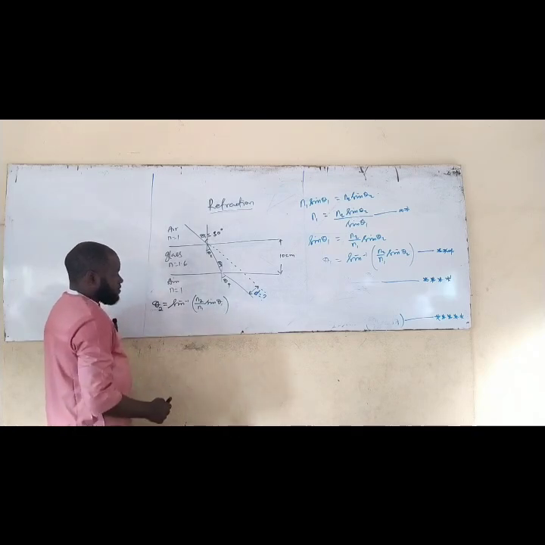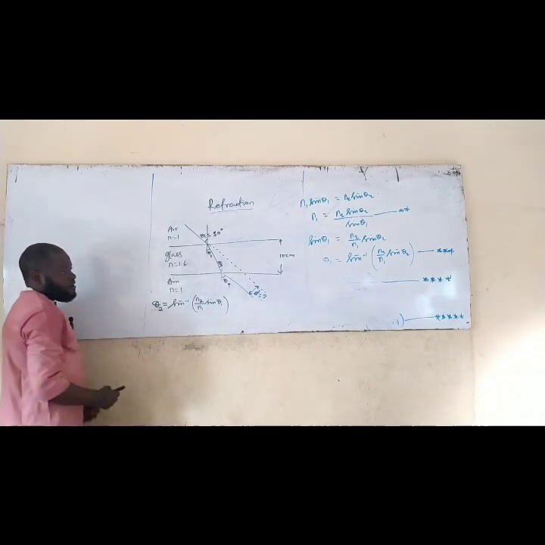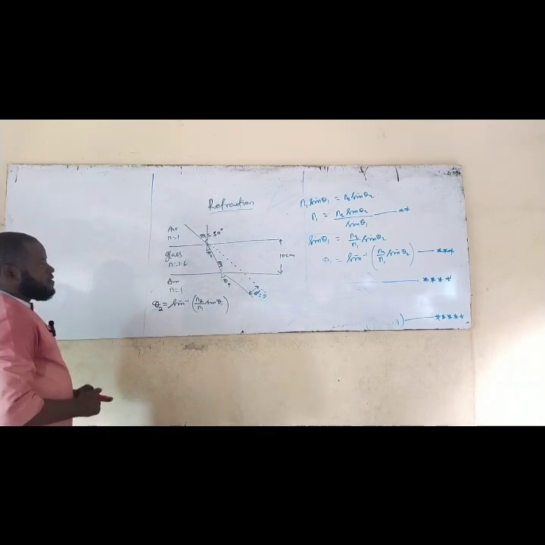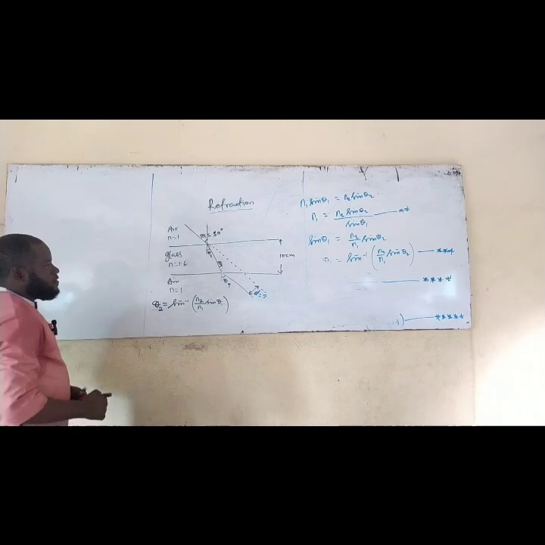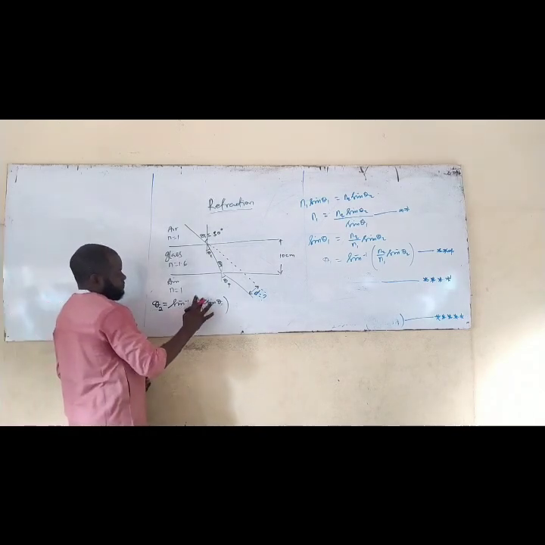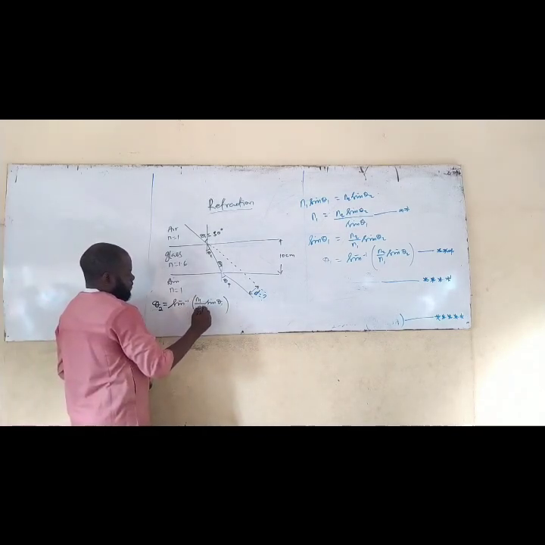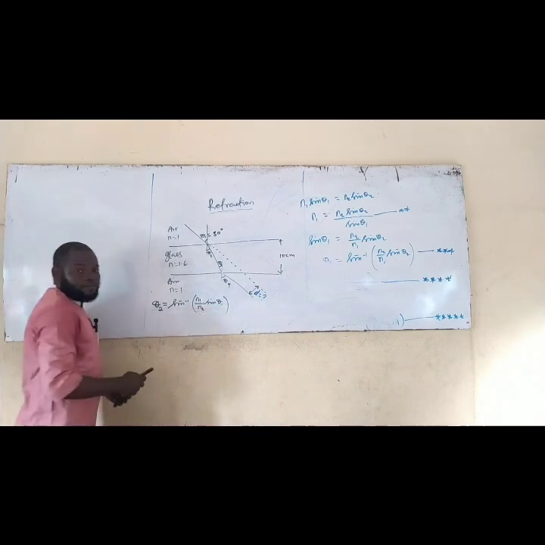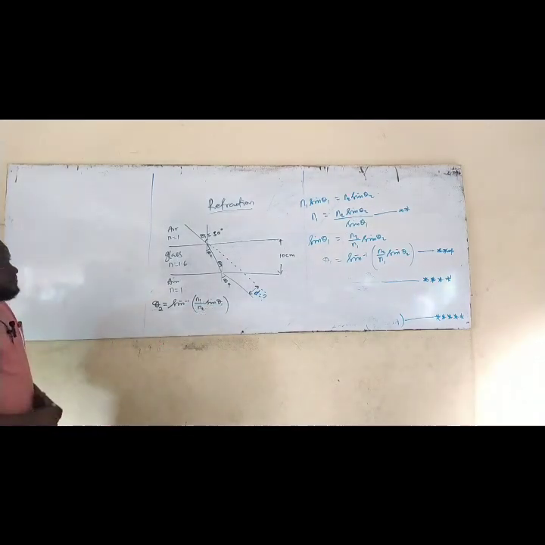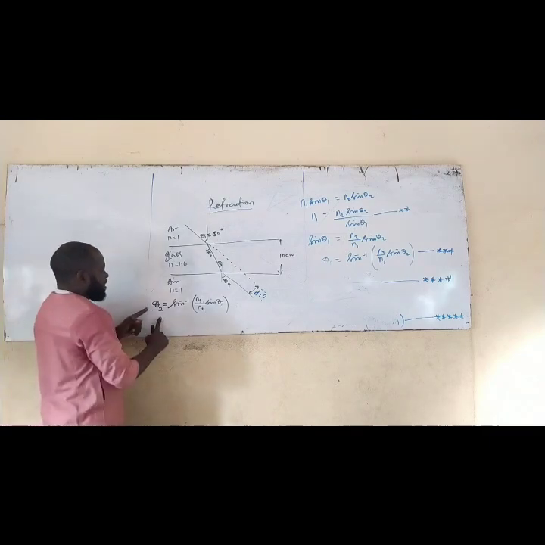Are you sure of this? It's supposed to be N1 over N2 sine theta 1, right? Please check. Yes. Alright, so that should be the case now.